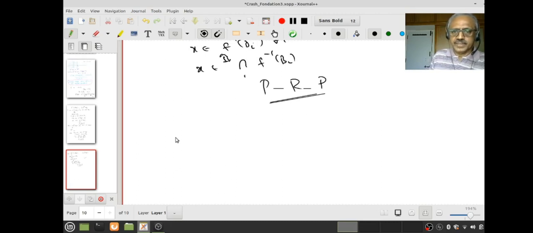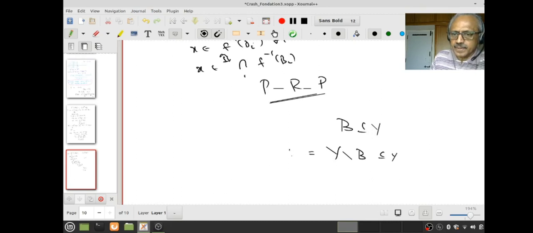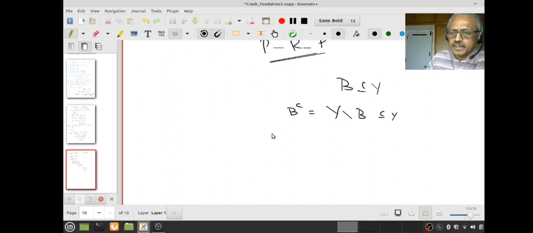So we are ready for the last one. The last one is: suppose B is a subset of Y, then I can construct the set Y minus B. This is also a subset of Y, the complement, right? Now I can look for f inverse of B complement.